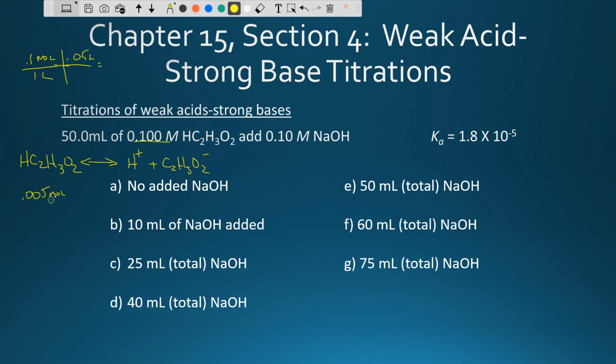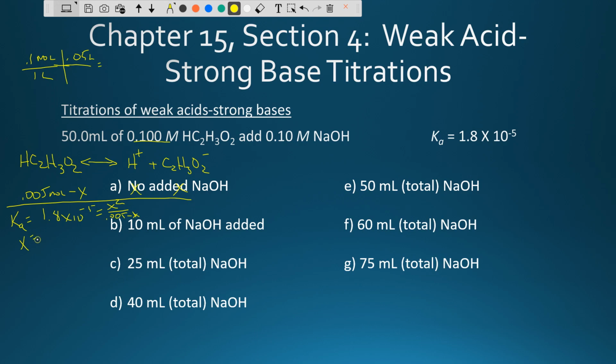What's going to happen is I'm going to be losing a certain amount of the hydrogen ions. We just don't know how much. So that's going to be my X, X, and X here, at equilibrium. And so if I'm going to be calculating just my pH with no sodium hydroxide, I have a Ka value of 1.8 times 10 to the negative 5, which is going to equal X squared over 0.005 minus X. Now remember, my Ka is small, so I can disregard that X, and multiply both sides by 0.005.